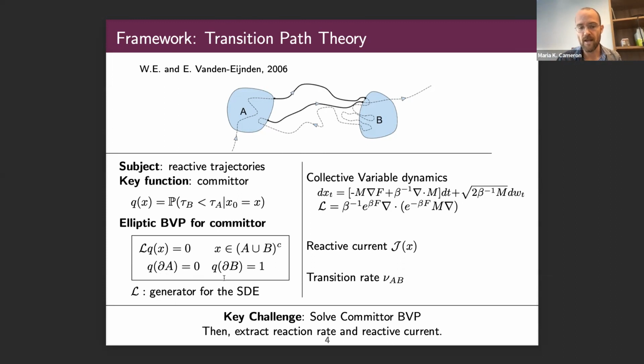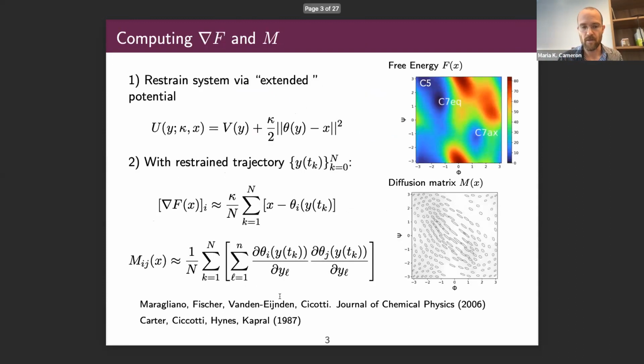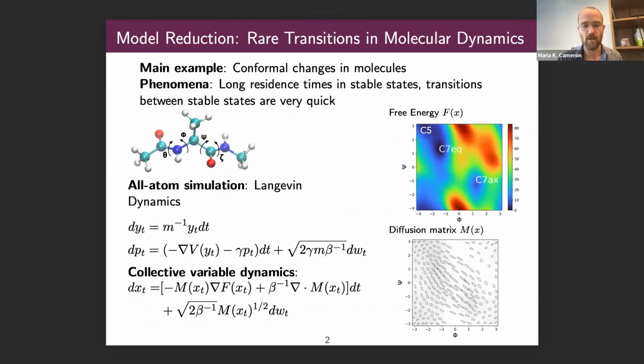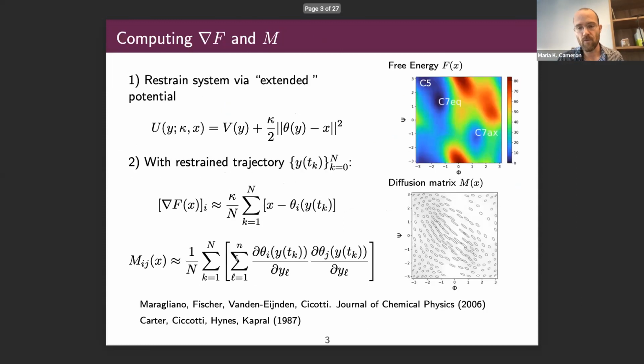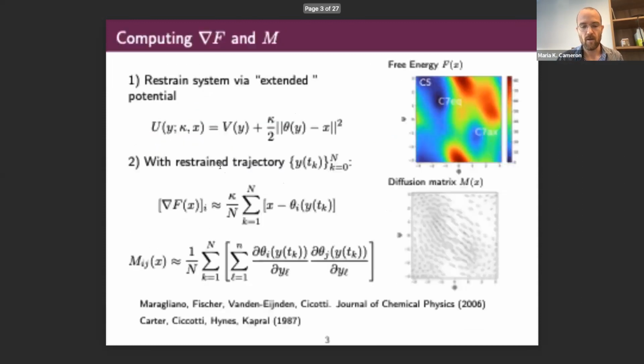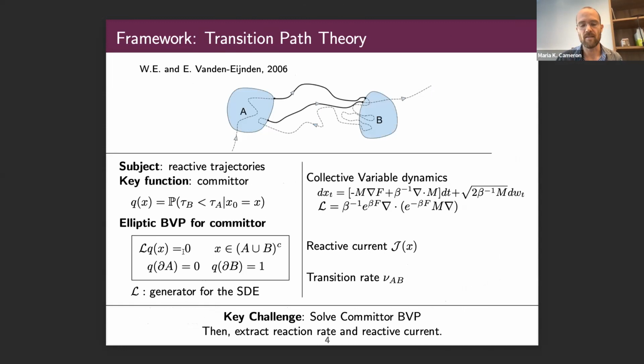Some issues here is that depending on what domain you state this in, this is a very high dimensional BVP. If you stated this in the atomic coordinates case for alanine dipeptide that we talked about earlier, you would have a 132 dimensional PDE here. But even if we pick these 4 dihedral angles from earlier, we would have a BVP that we cannot solve with usual methods as far as finite element method and finite difference method goes.